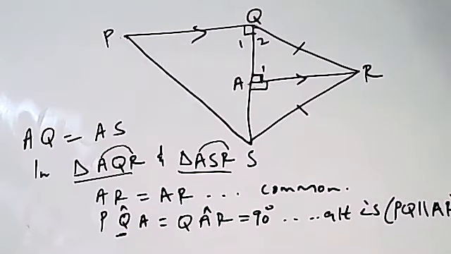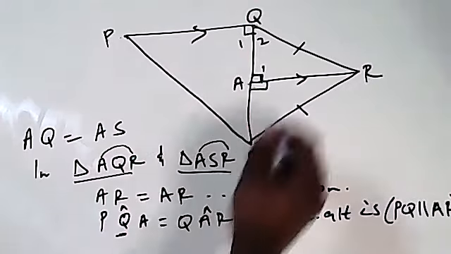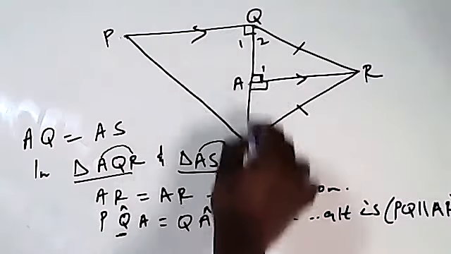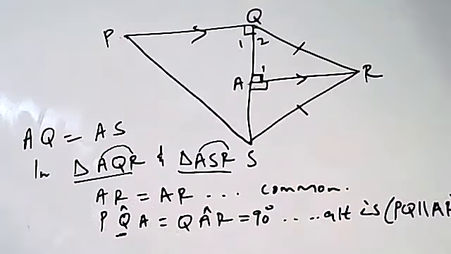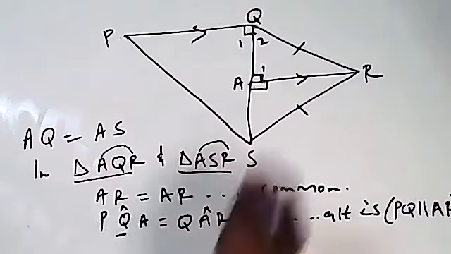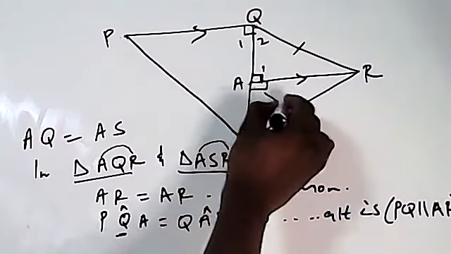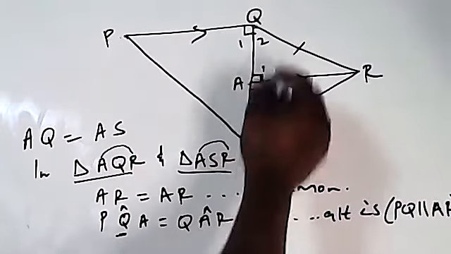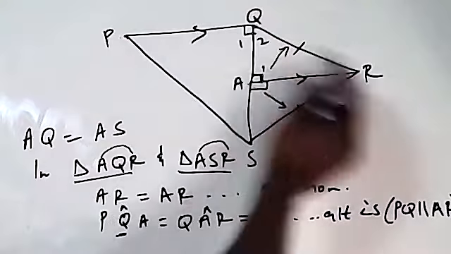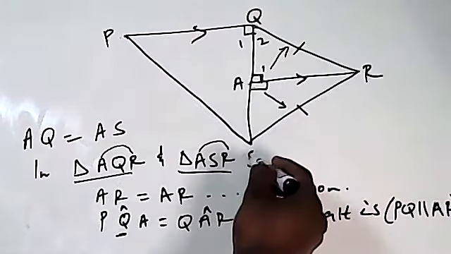Are you all happy? You don't have to prove that in your statements. If this is 90 and they're on a straight line, this also has to be 90, because 90 and 90 give us 180. So the hypotenuse for this triangle is this side, and for that triangle is that side, which are QR and RS.